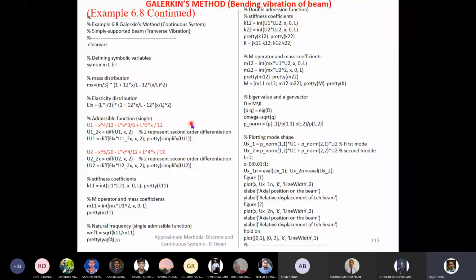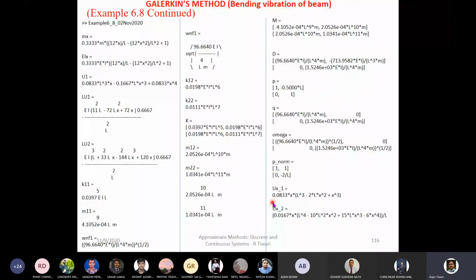The only thing is that whatever changes there are in the differentiation of the comparison function have been incorporated, but overall the calculation of the stiffness coefficient and mass coefficient are the same. So this can be used, and these are the outputs from this particular code.